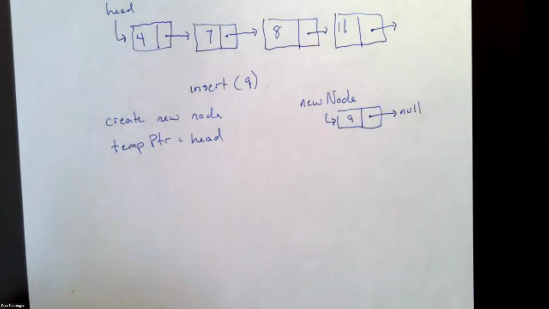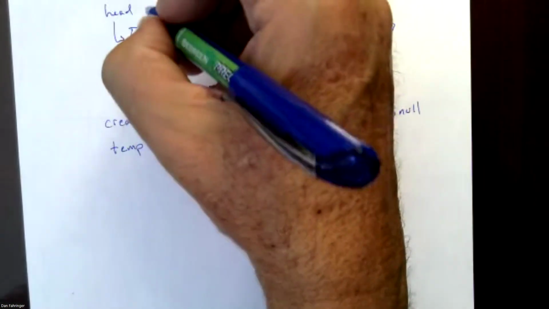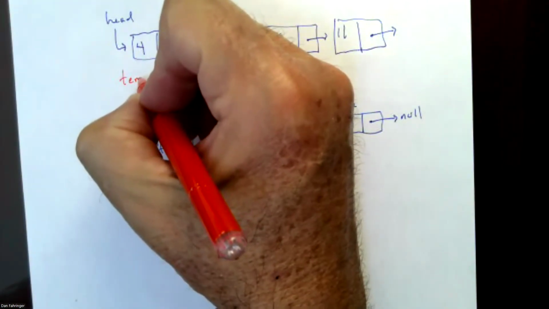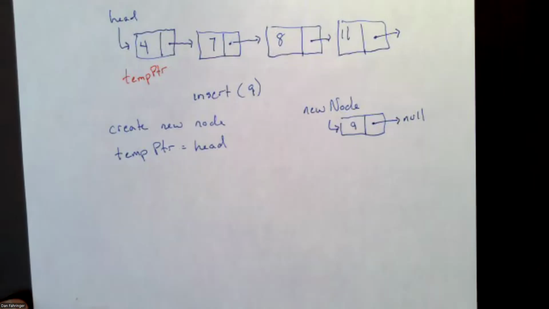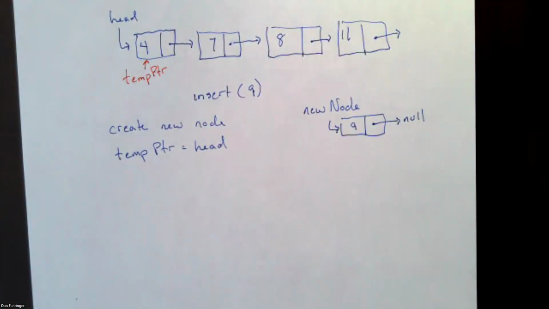So temp pointer goes to head. All right, now what am I going to do? Well, I'm going to use temp pointer to move through the list, which means right now, temp pointer is hanging out here. Agree? It's hanging out, storing that address.